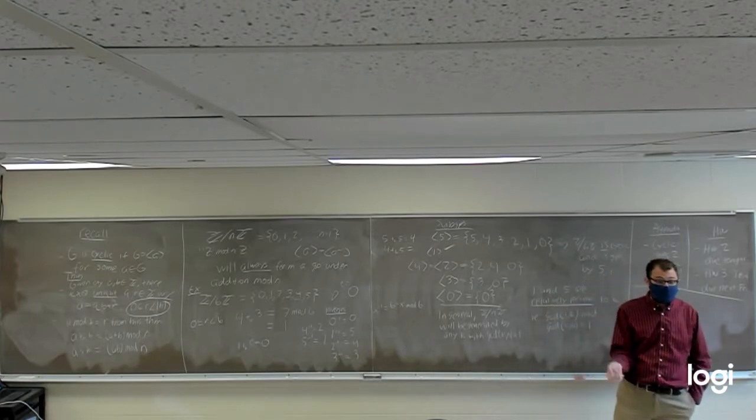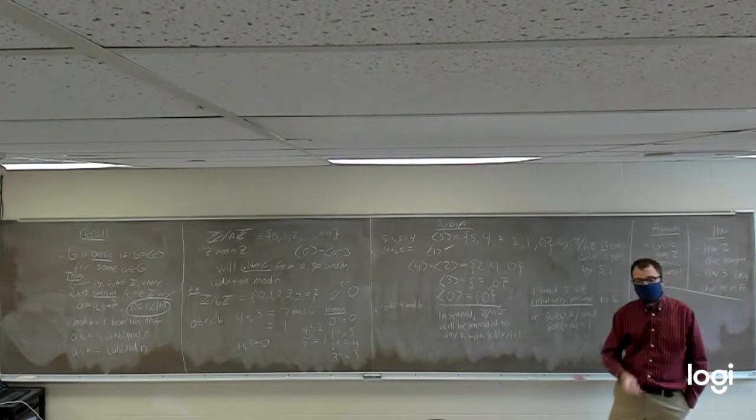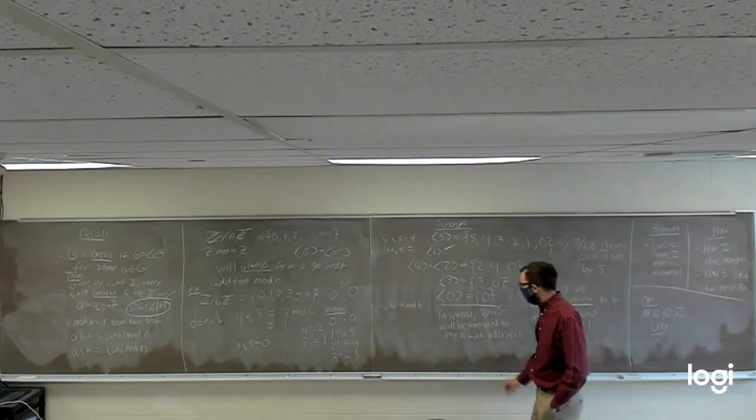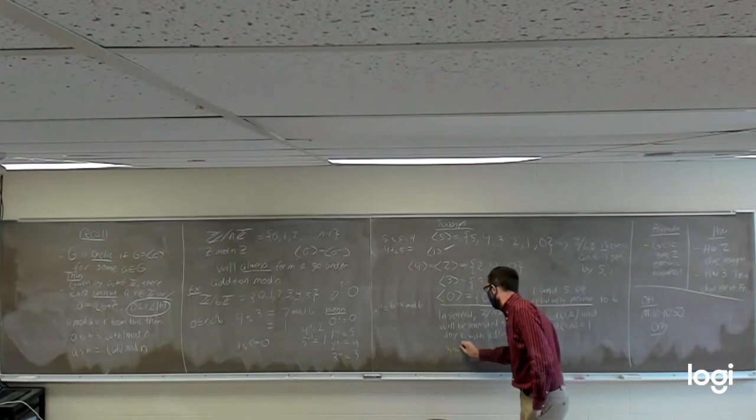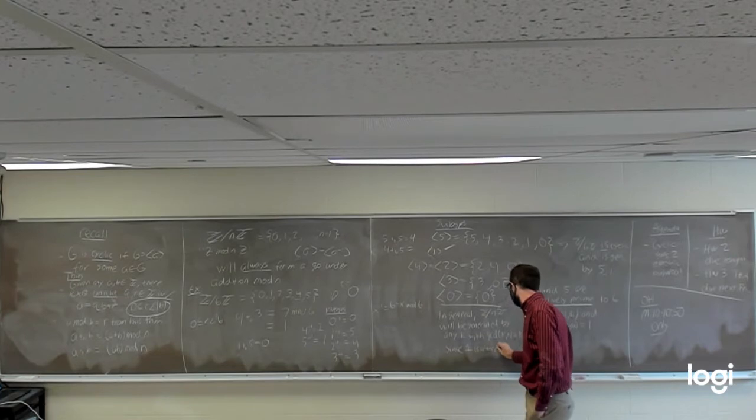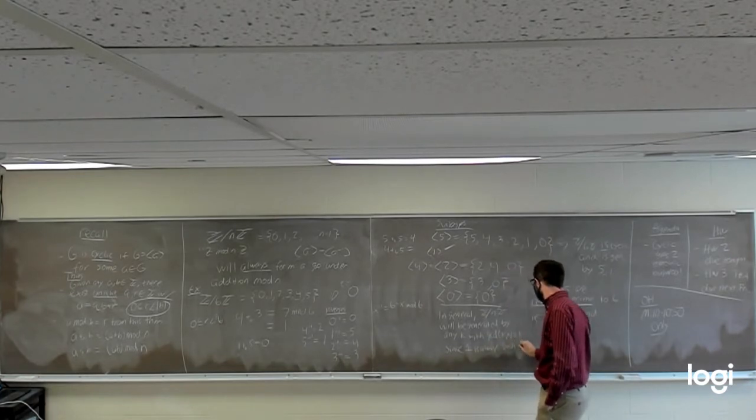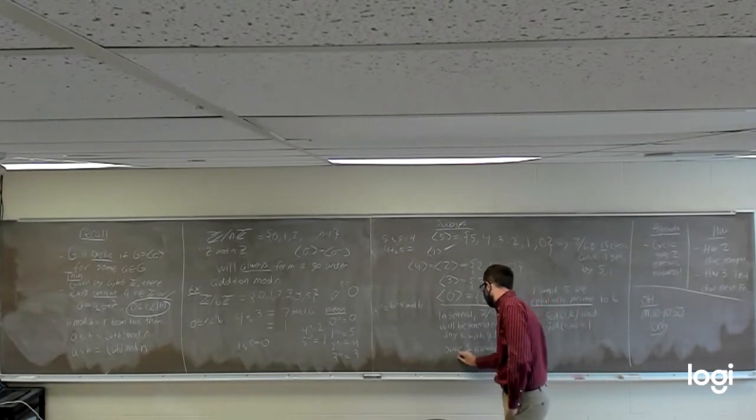Which integer is always going to be in Z mod nZ and will always be a generator? 1. So, since 1 is always such a k, Z mod nZ is always cyclic.